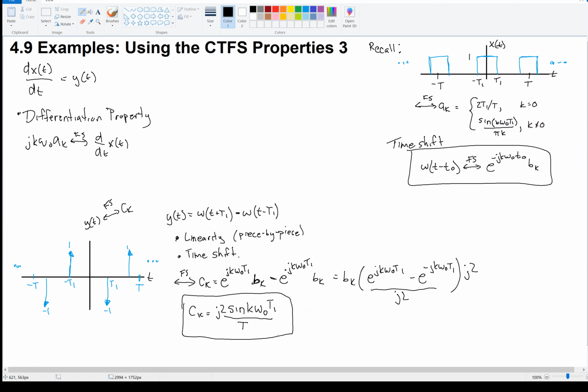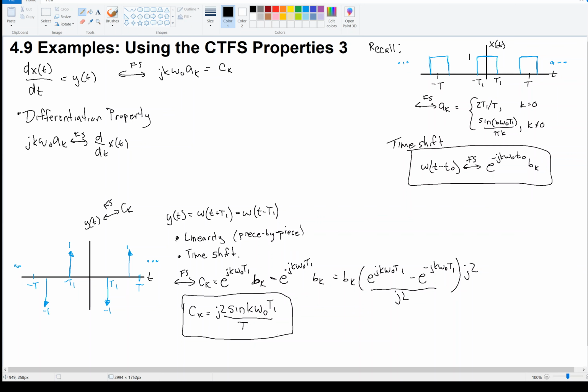Okay, so let me take the Fourier series of this equation. On the left-hand side, I will have jk omega 0, and then the Fourier series coefficients of x of t we're calling ak, equals the Fourier series coefficients of y of t, which we're calling ck.